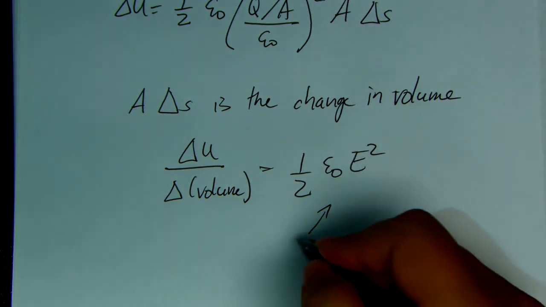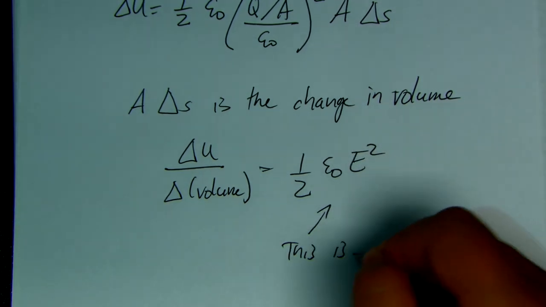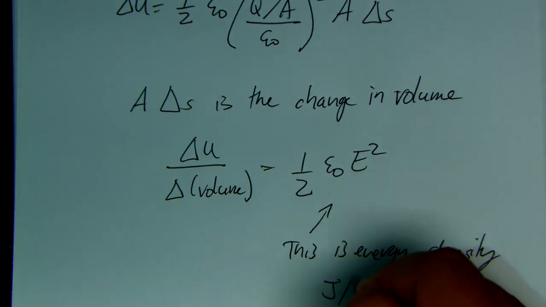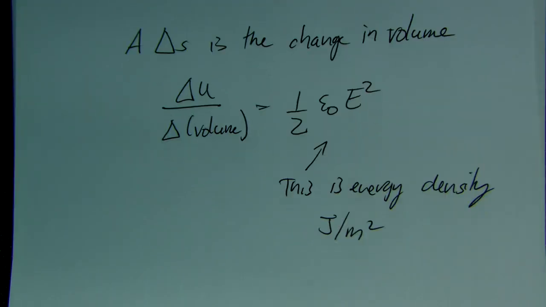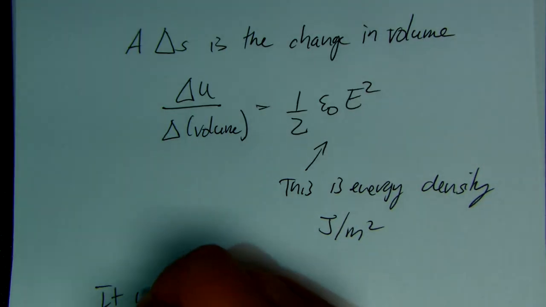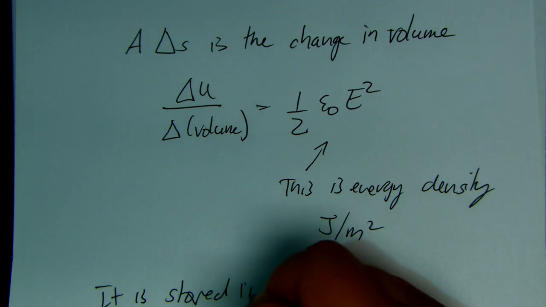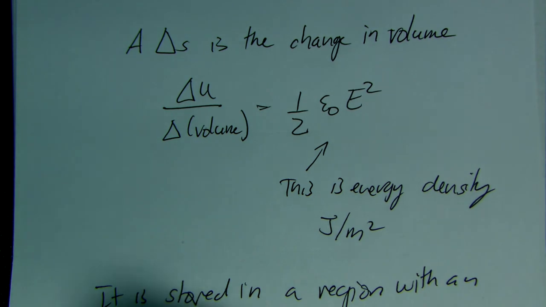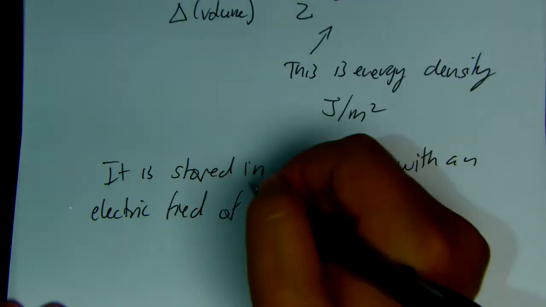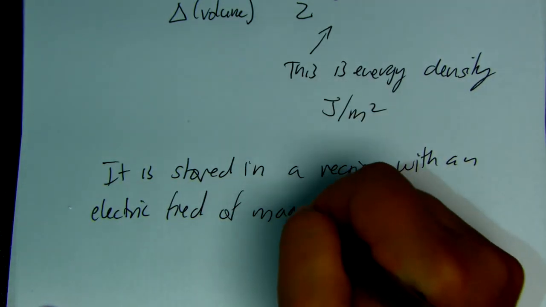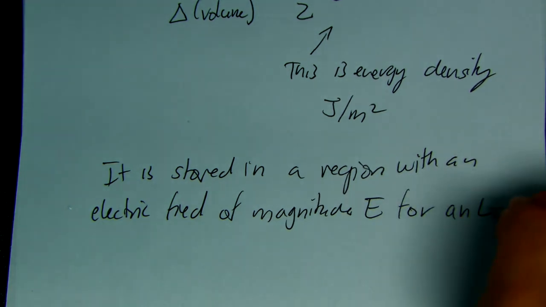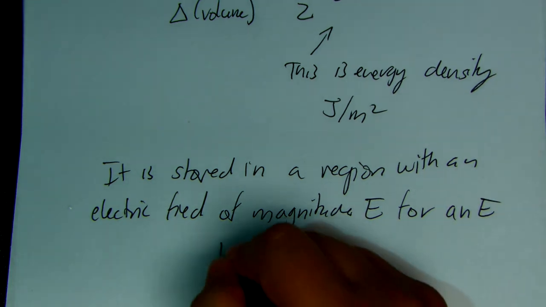This is energy density. In joules per meter squared. And it's stored in a region with an electric field of magnitude E for any E. So any electric field has energy density.